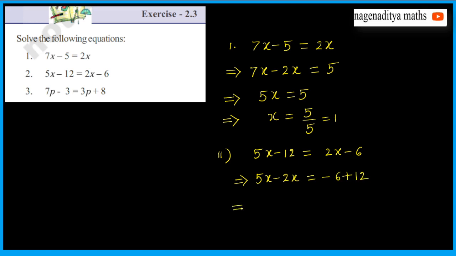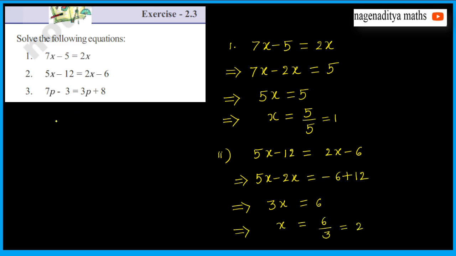So this implies 5x minus 2x, that is 3x, is equal to minus 6 plus 12 is plus 6. So this implies x is equal to 6 by 3, that is equal to 2.